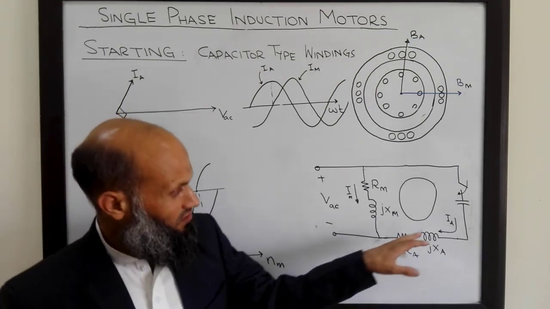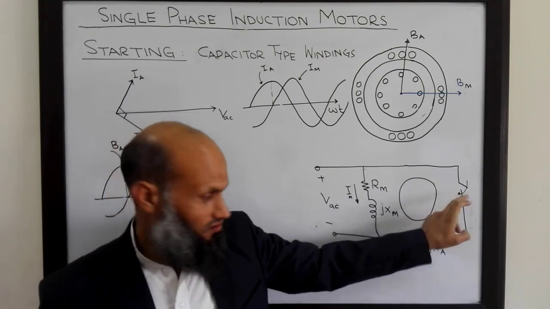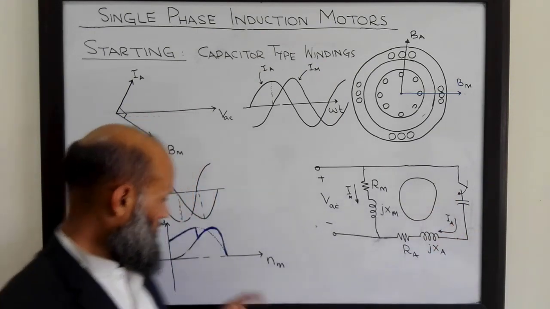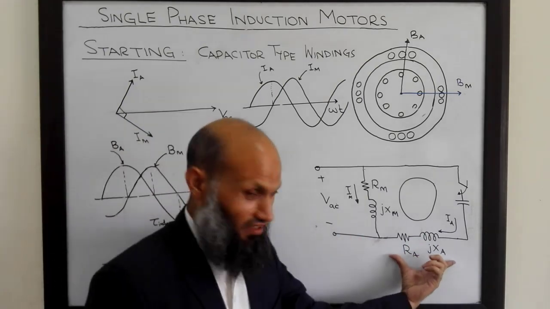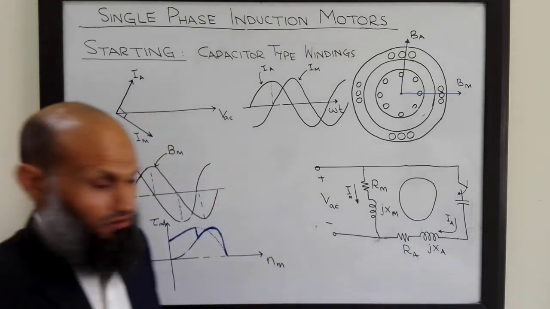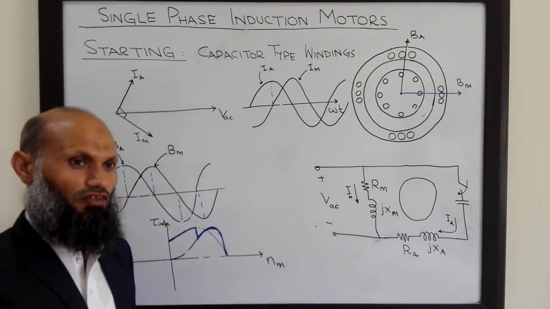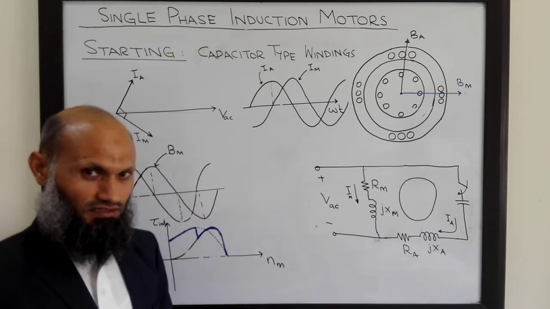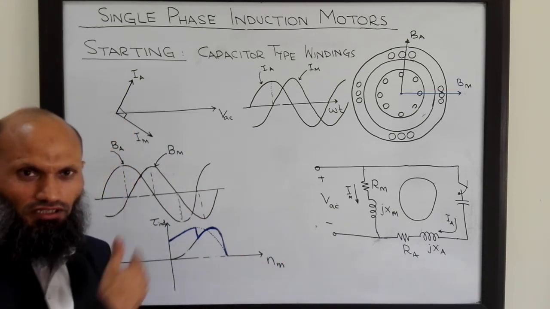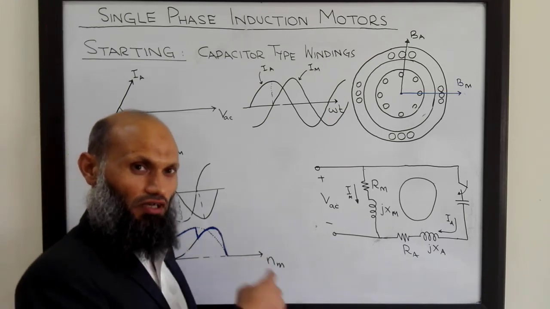So now the question is, why do we open this switch to remove the capacitor and these windings from the circuit? The reason is that if we could have a uniform rotating magnetic field, that is the best situation, similar to three-phase induction motors, which had less vibrations.